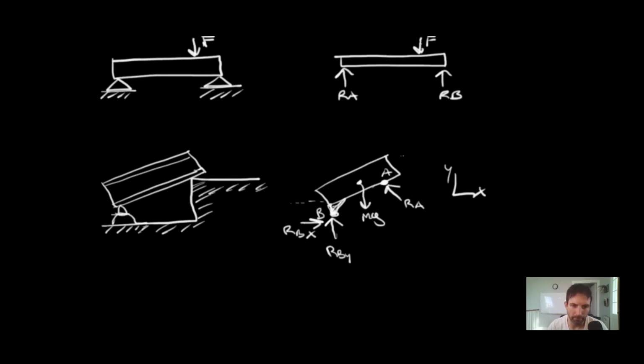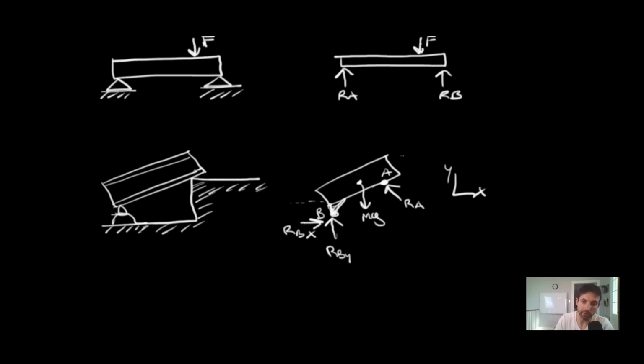So why is this important, and what can we use it for? Well, we will use these free body diagrams and these force vectors and their directions in order to solve for unknown reactions or unknown forces.